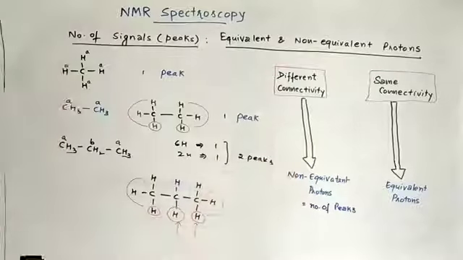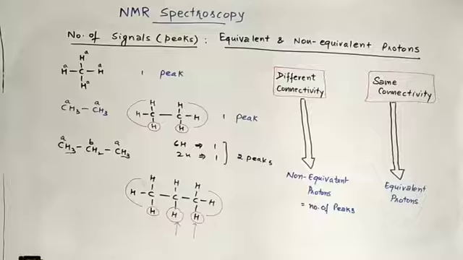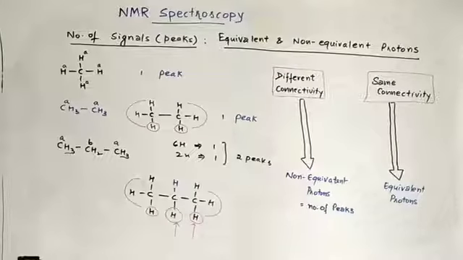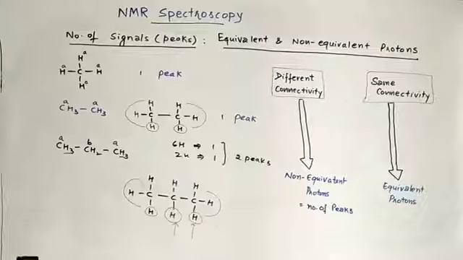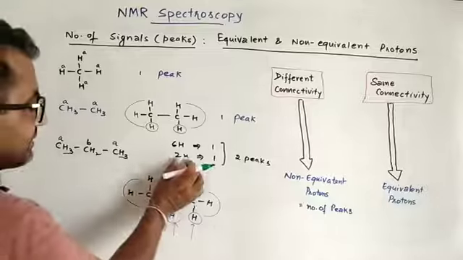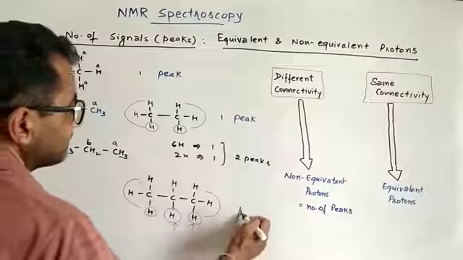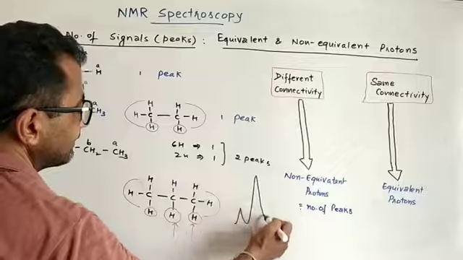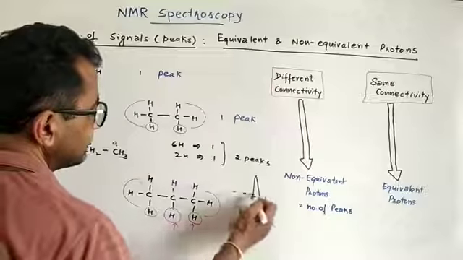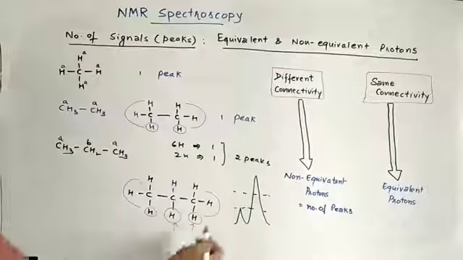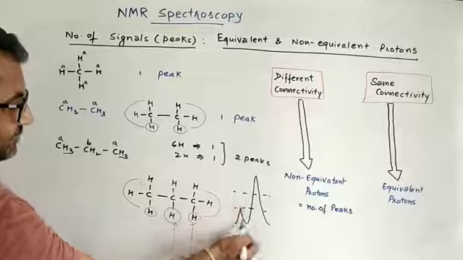So in the NMR spectrum, this compound gives 2 peaks, one by 6 hydrogens and one by 2 hydrogens, and their intensity will be in the ratio 1:3. This is due to 2 protons, and this is due to 6. You can see here the intensity is in the ratio of 1:3.